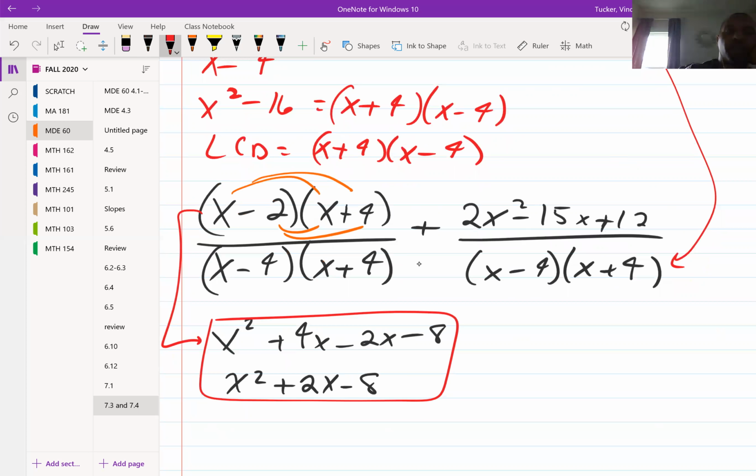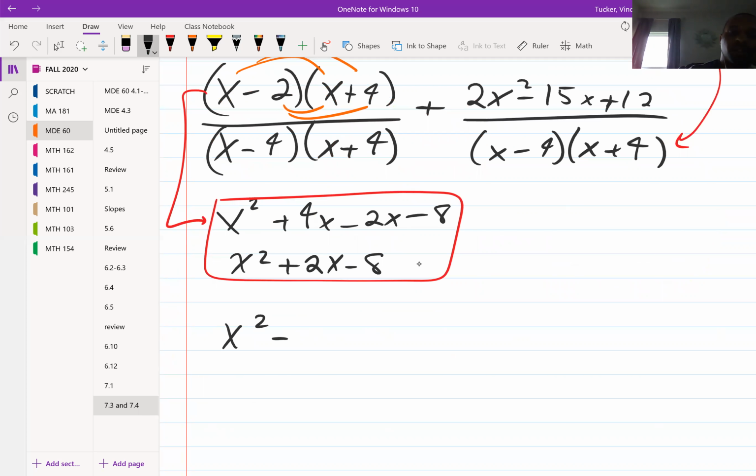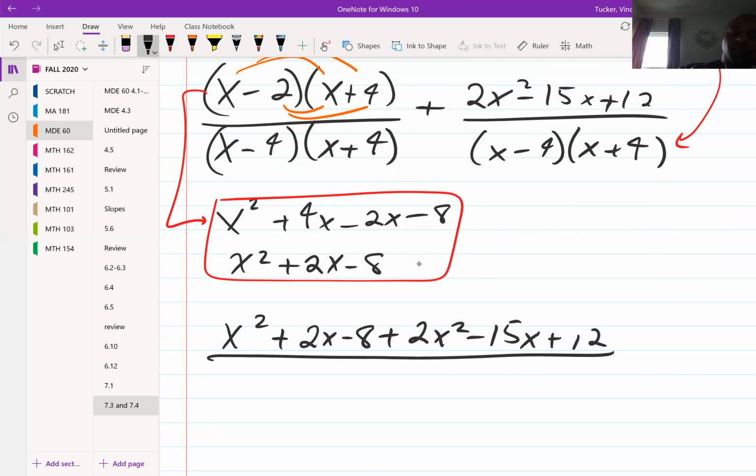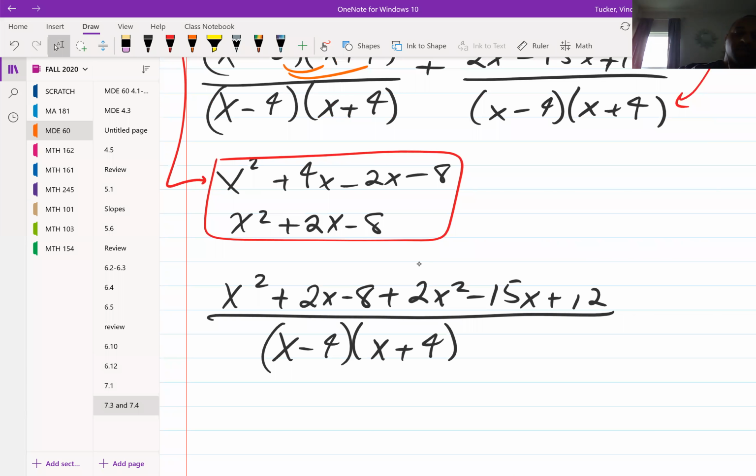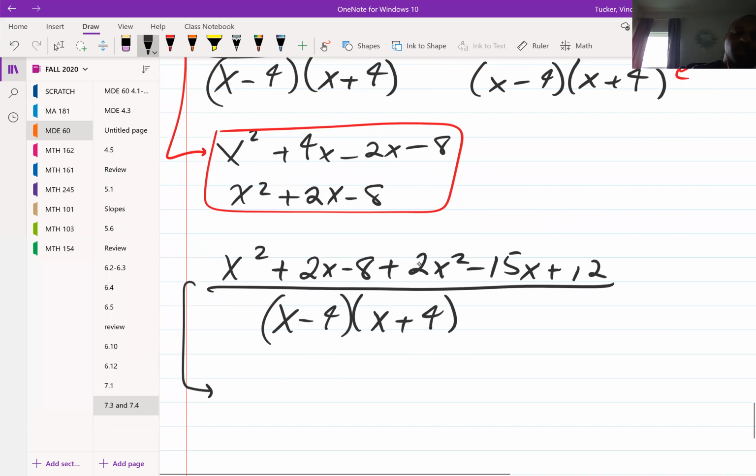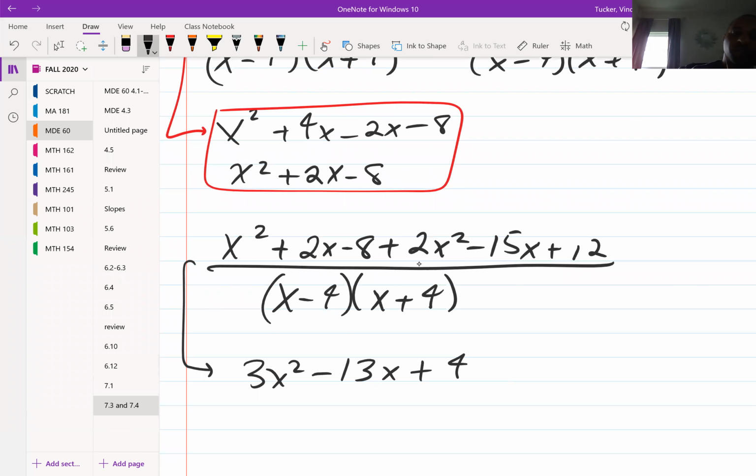So now let's go ahead and make it all one fraction. Combine the like terms. That's 3x² - 13x + 4.